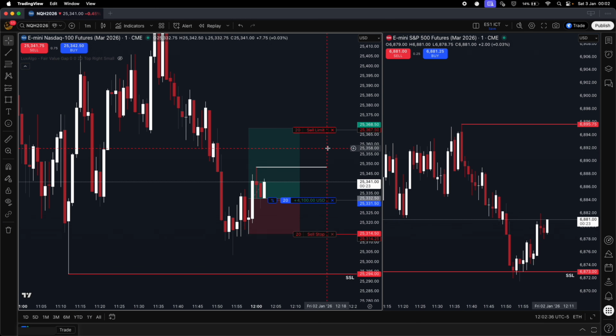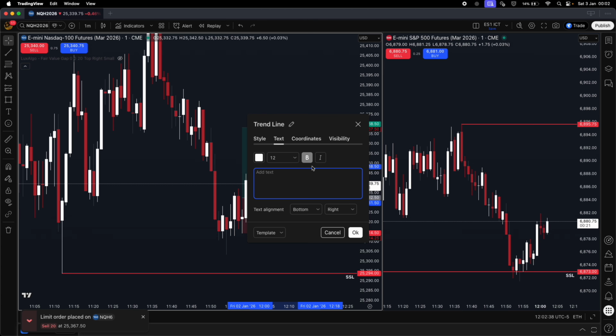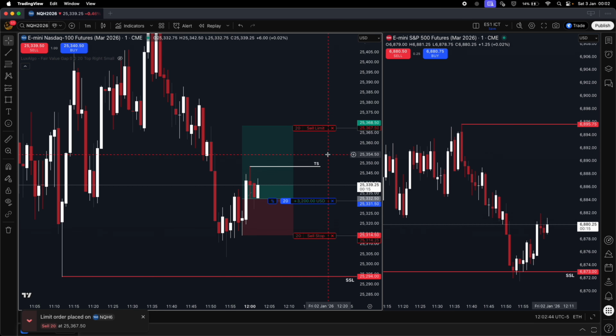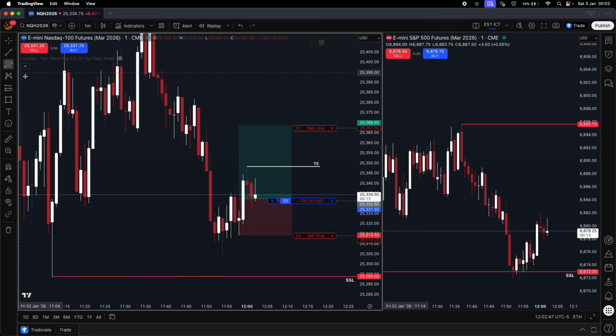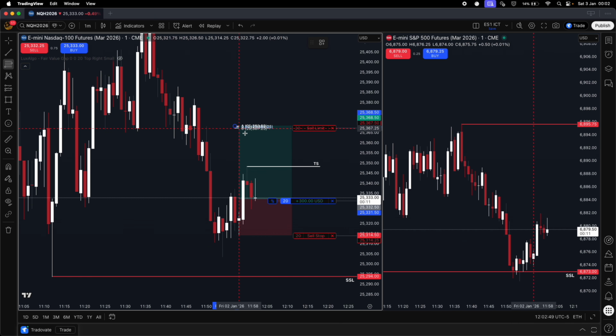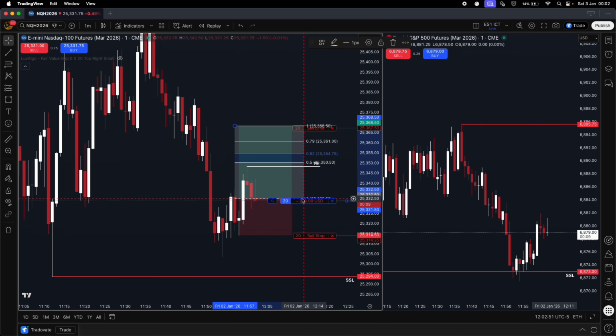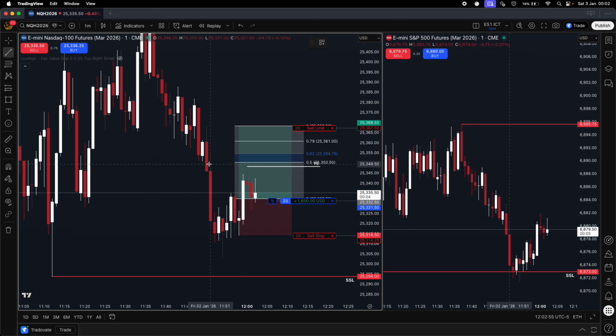That's our sell limit. And then if we look from TP to break even, you can see 50% lies there. So I'll just mark that as a 0.5.